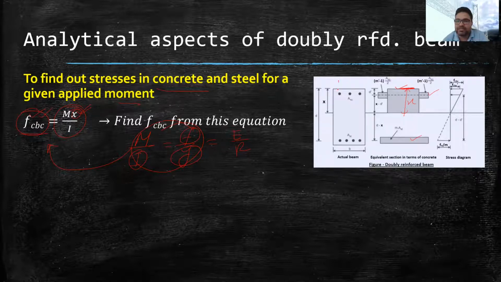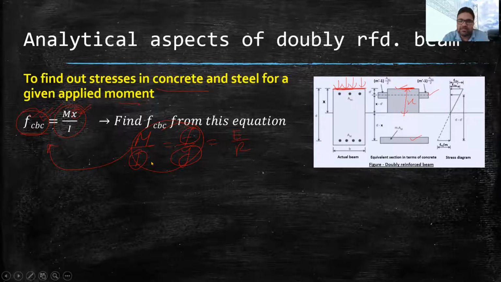Why? Because, as you can see, the load will come on this beam like this, so at the point of application, it will experience more stress. That is the point of interest where we are supposed to find the stress in concrete, so that is why we generally use this formula.